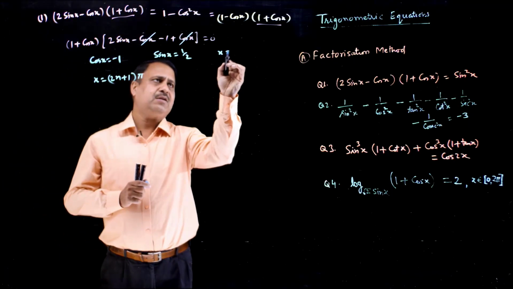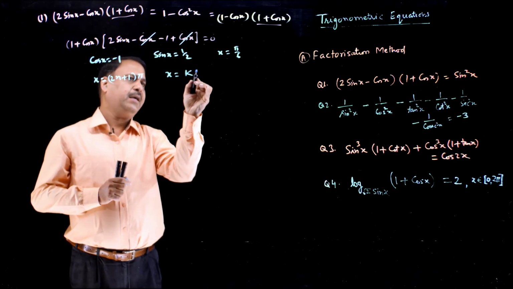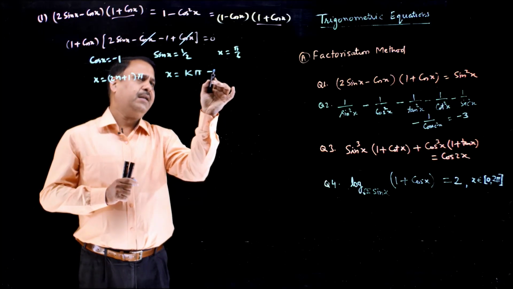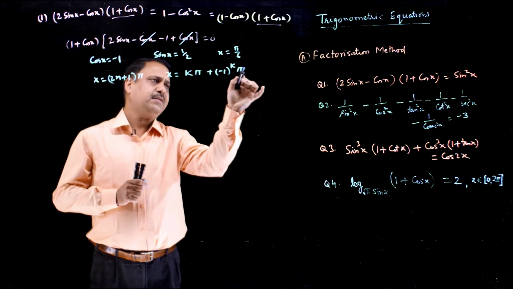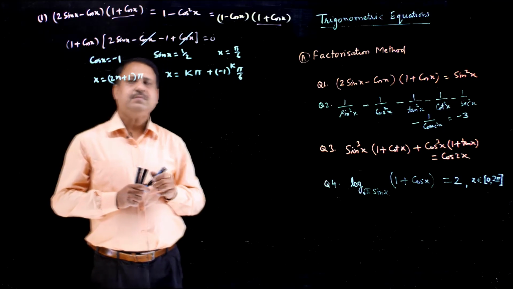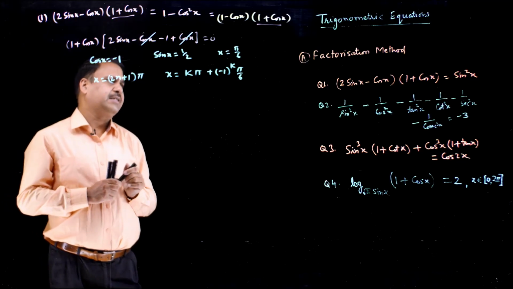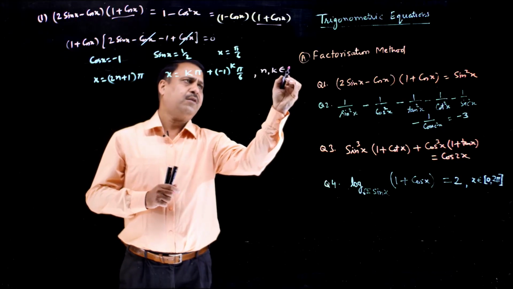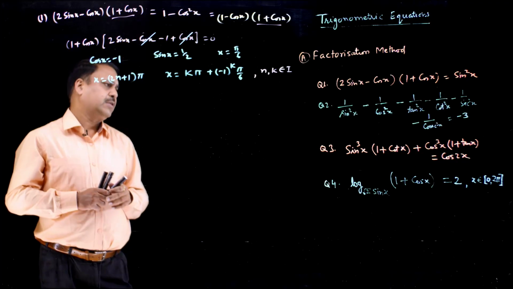So x is equal to pi by 6, or x is equal to k pi plus minus 1 raised to power k into pi by 6, where n and k belong to the set of integers. This will be the solution of this equation.